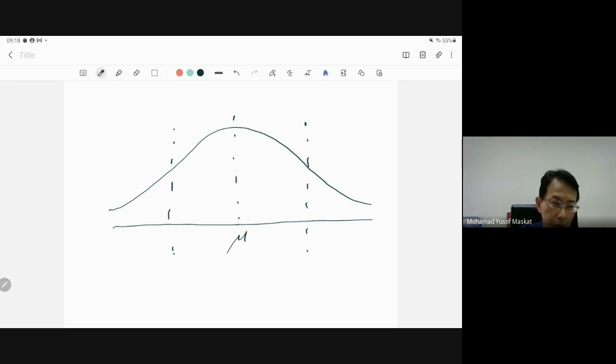the probability of taking a sample which is near the population mean is higher compared to the probability of taking a sample further from the population mean. So it's just a matter of numbers.